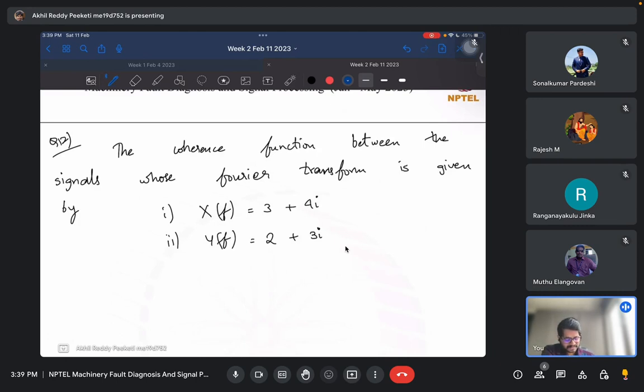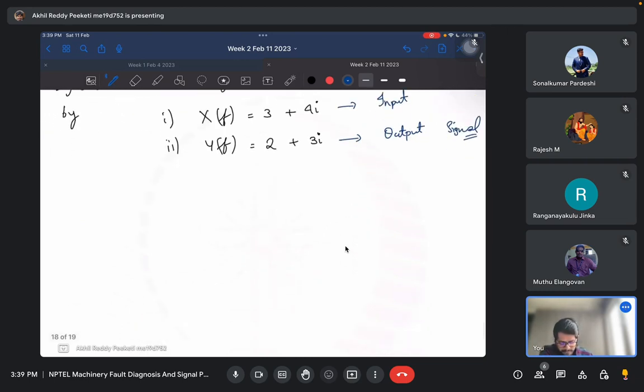So this, as we said before, if this is your input signal and this is your output signal, this coherence function, I will tell you how it is defined, can tell you how these two are very correlated.